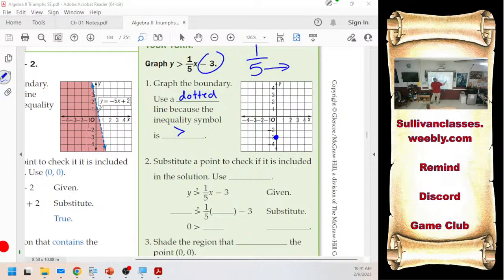If I always say left to right, if I put my arrows on here, I'm going to stop screwing that up. So from here, I'm going to go up 1, right 1, 2, 3, 4, 5. Ugh, I only got 2 points on my graph. If only I could have more. Down and left. And we said it was a dotted line. Get your straight edge and dotted line.